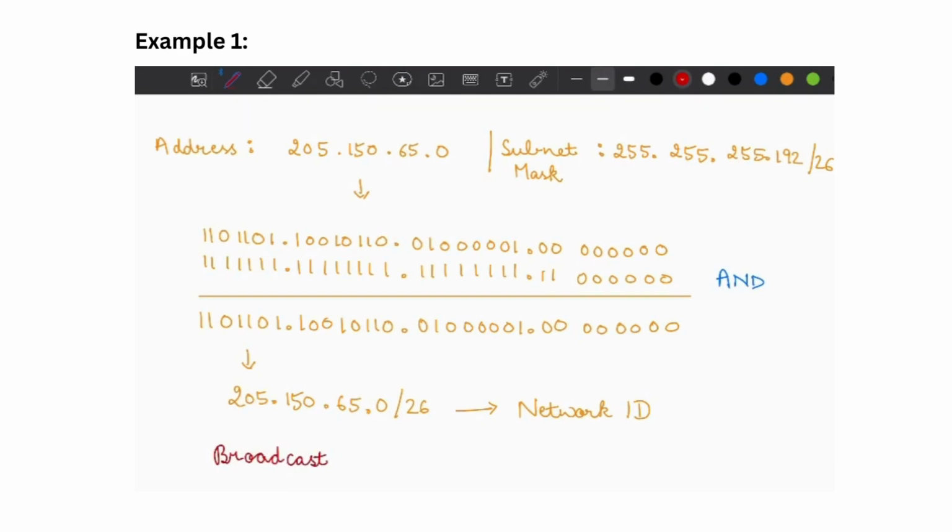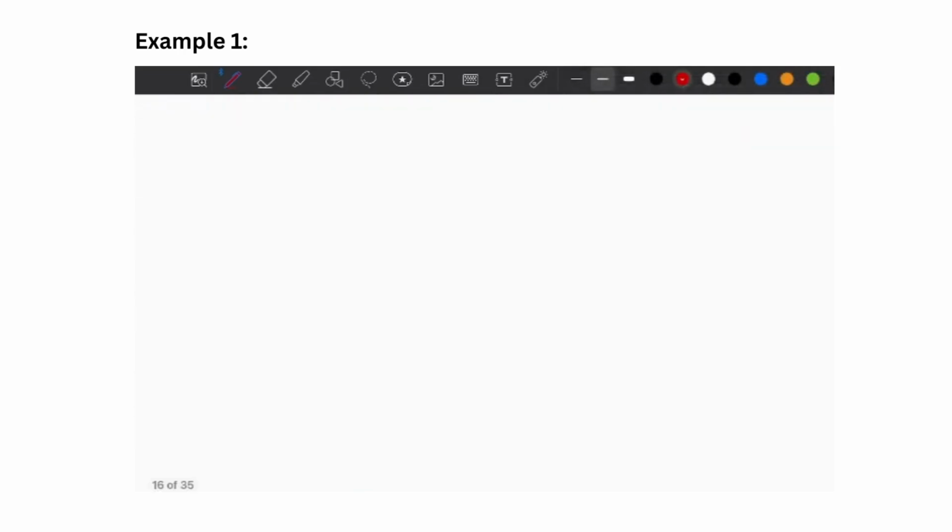So how can we calculate the broadcast IP now? For that, I am going to write down 2 formulas that you should keep in your mind. The first formula is to calculate the number of subnets.